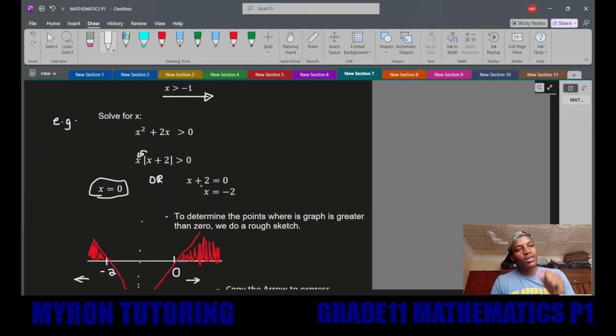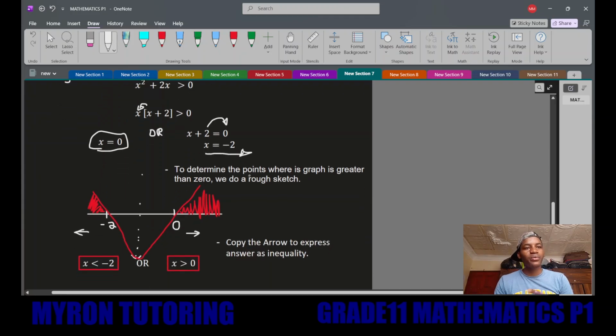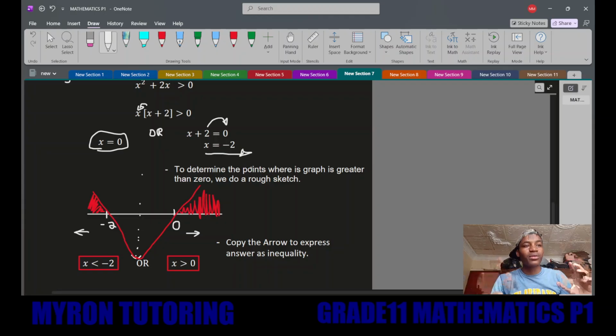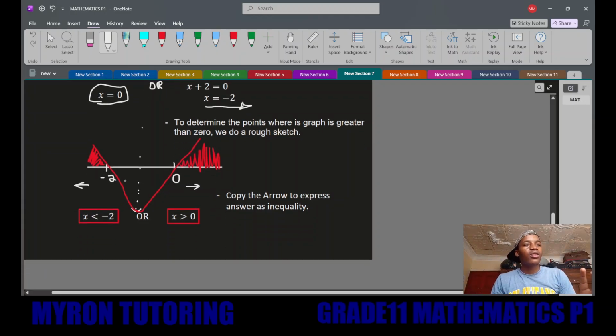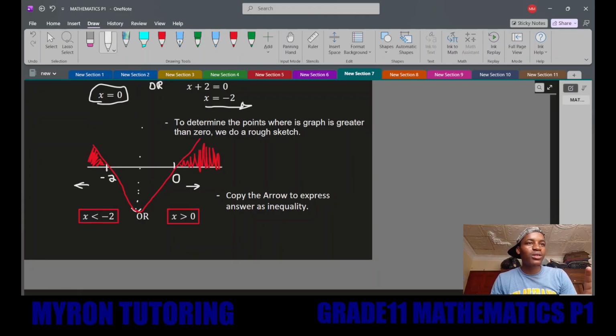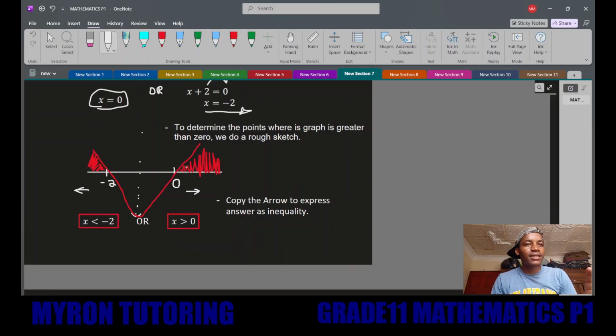Place number 2 where the graph is going to be 0 is when x plus 2 is equal to 0. That will only be so if x is equal to negative 2. If you take 2 to the other side, then you get what? A negative 2. Now, having gotten the places where the graph is 0, these are the x-intercepts of this graph.